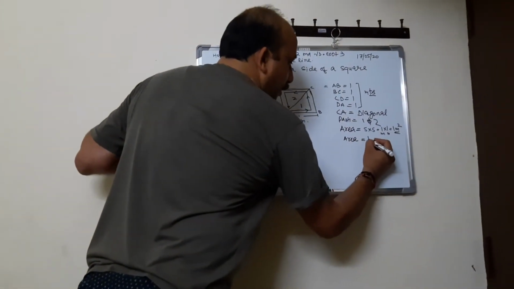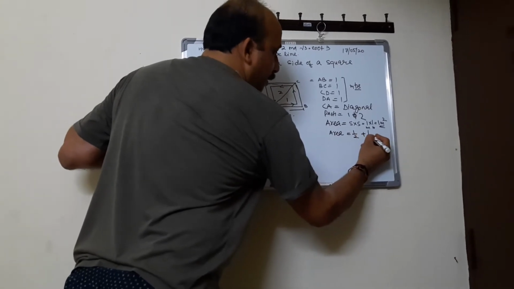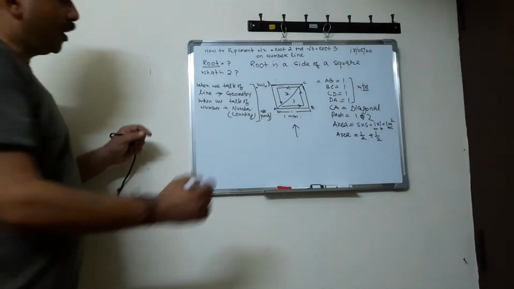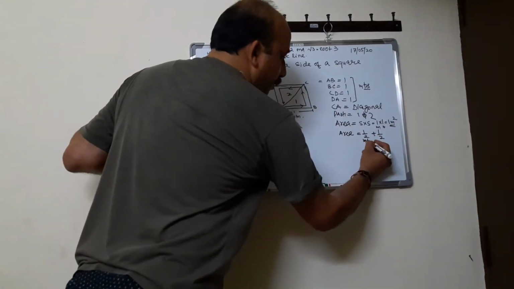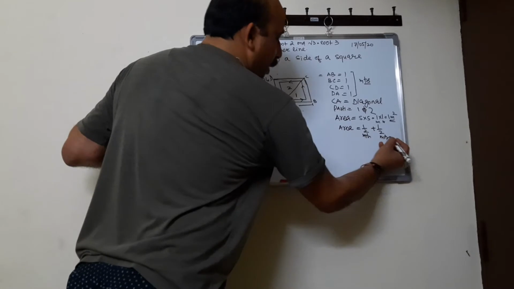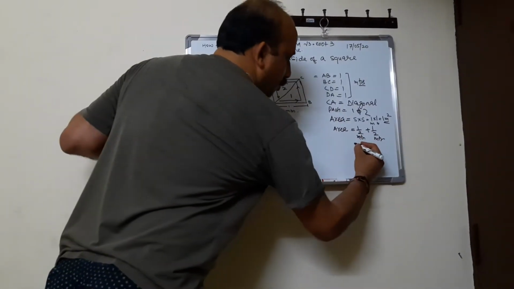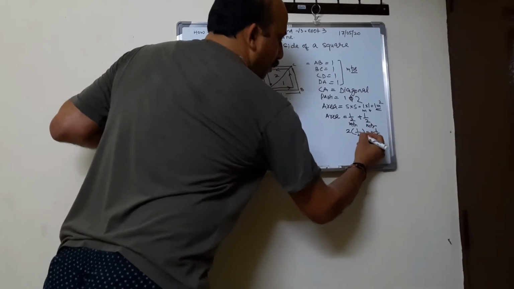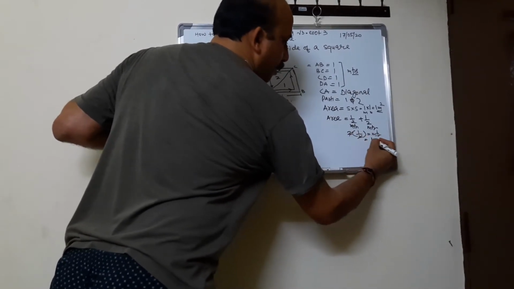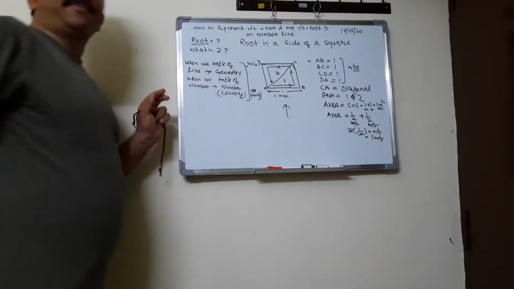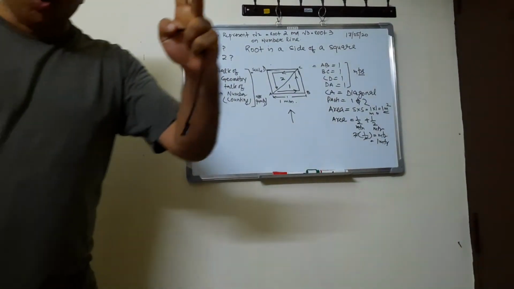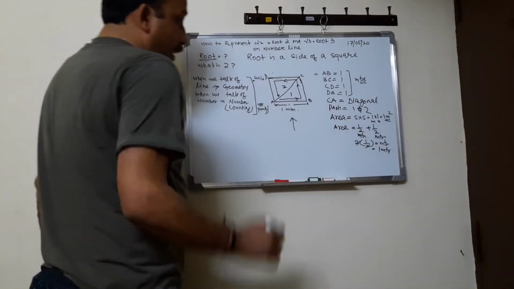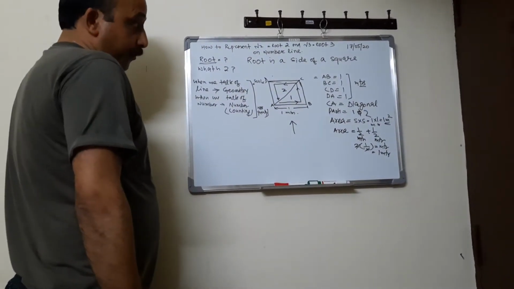Area of each part is half plus half. Right? So the area of this is half meter square and half meter square, because it is 2 halves. So 2 halves makes 1 meter square. So how many halves makes 1? 2. 2 halves makes 1. So we are in area, right? And we are in geometry.